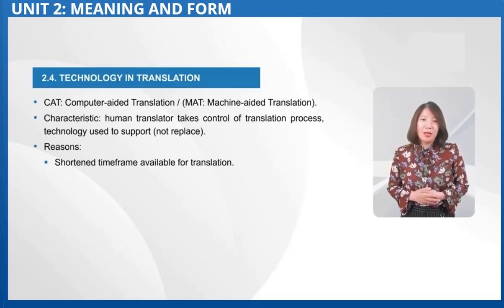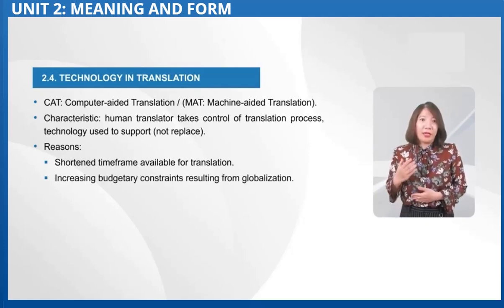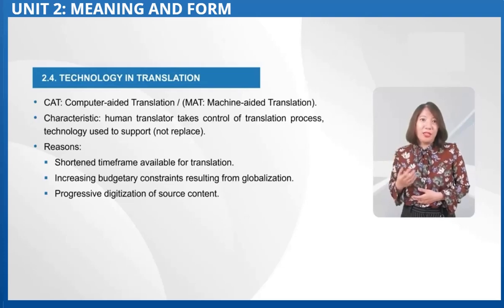It means that the translator may not have enough time or has very short time for translation, so he needs to find ways to speed up the work. Besides, increasing budgetary constraints resulting from globalization is also another reason. And finally, the progressive demand for digitization of source content.